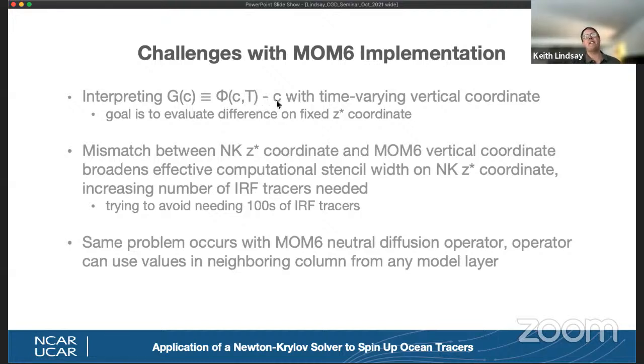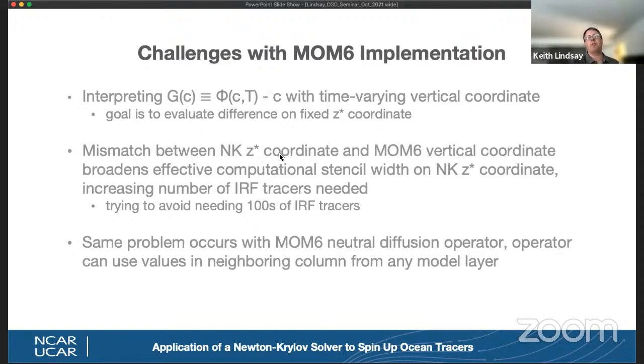In order for that difference to make sense, you want to compute that difference on a common vertical grid. And so the ultimate goal with the MOM6 implementation of Newton-Krylov is to evaluate this difference on a fixed z-star coordinate. MOM can run with z-star coordinate, which is a slightly stretched z coordinate, or a hybrid coordinate. But if we're running the Newton-Krylov solver on a fixed z-star coordinate, then this difference makes sense.